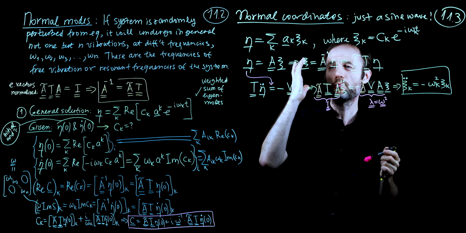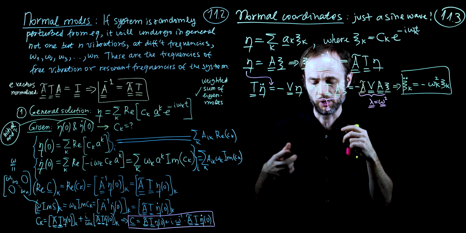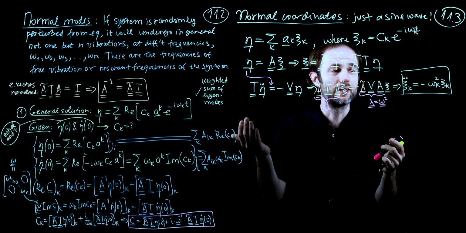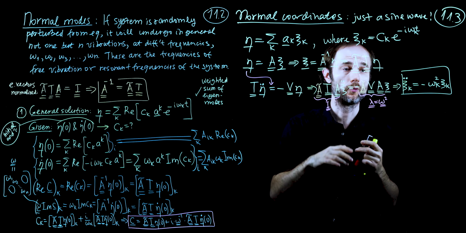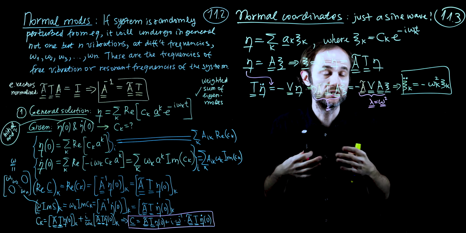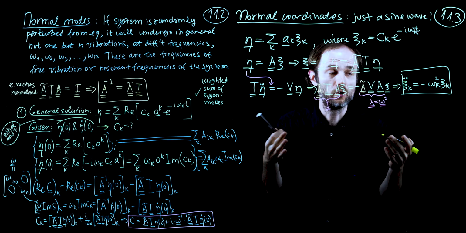So our complex system with multiple eigenmodes can actually be linearized in these normal coordinates, where each of the coordinates oscillates just like an independent oscillator.